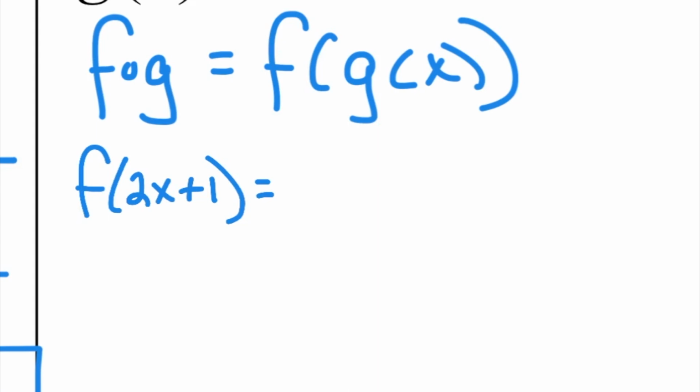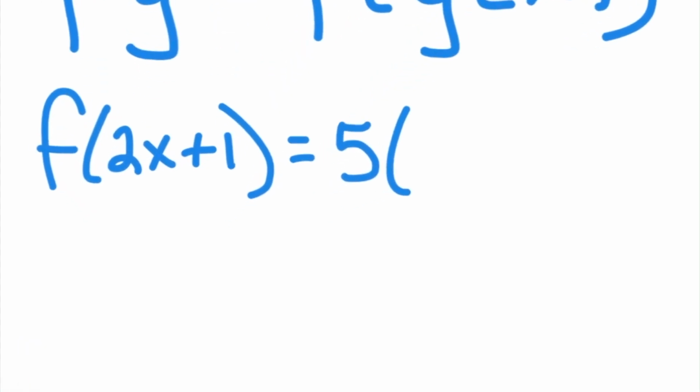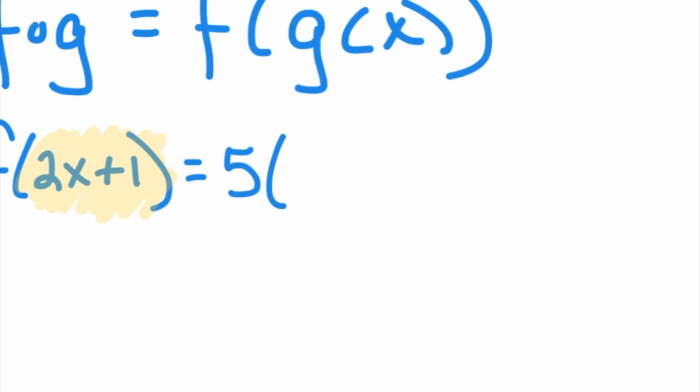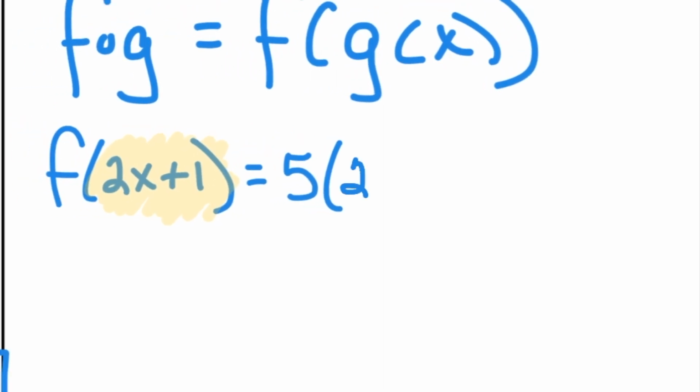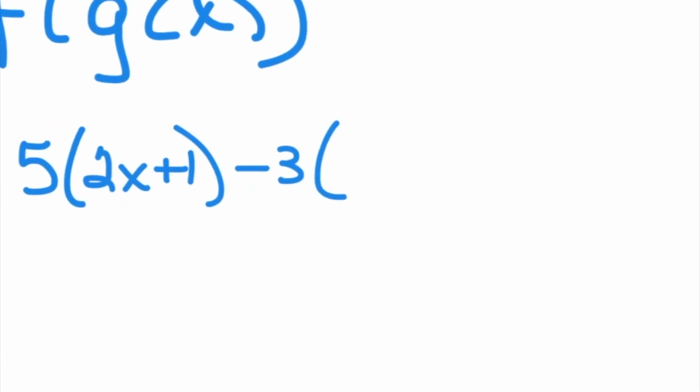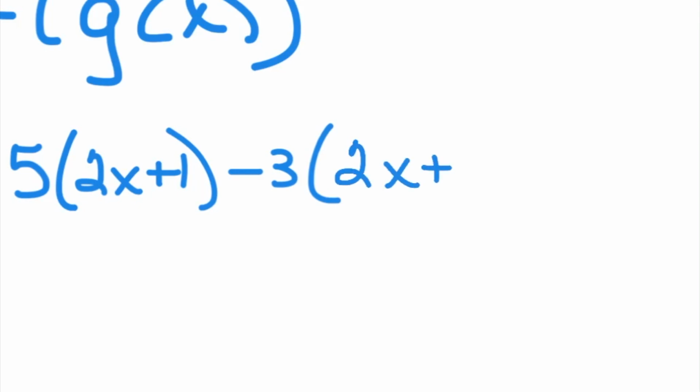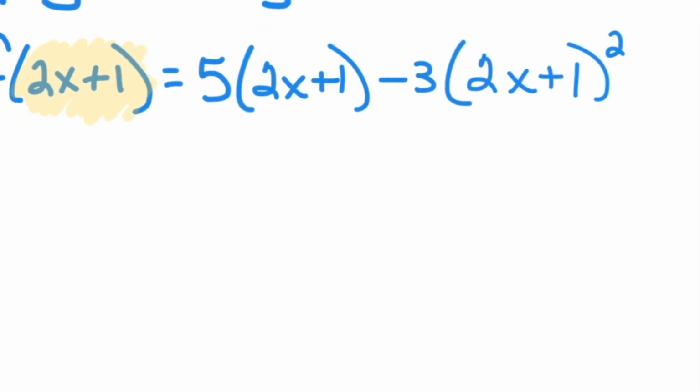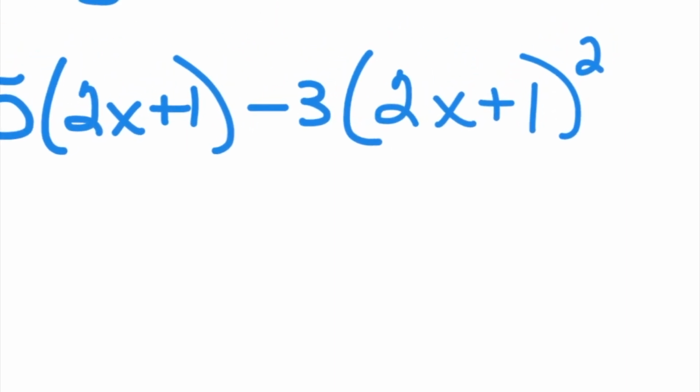And so f is 5x minus 3x squared, so that's going to be 5 times, and then whatever this quantity is, I'm going to substitute where the x's were in f. And so that's going to be 5 times the 2x plus 1, and then minus 3 times the 2x plus 1 squared. And what I'm going to do is simplify 2x plus 1 squared first.